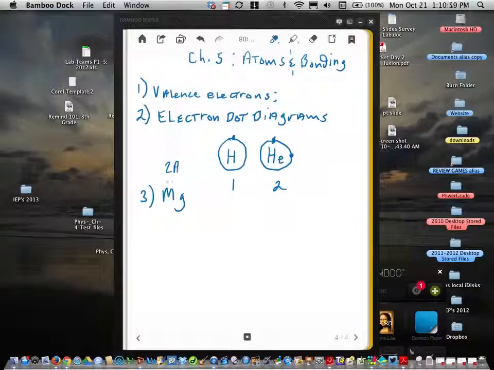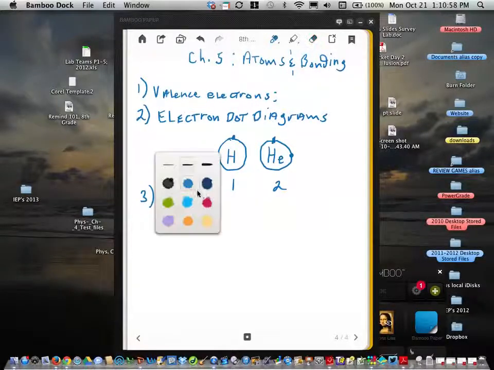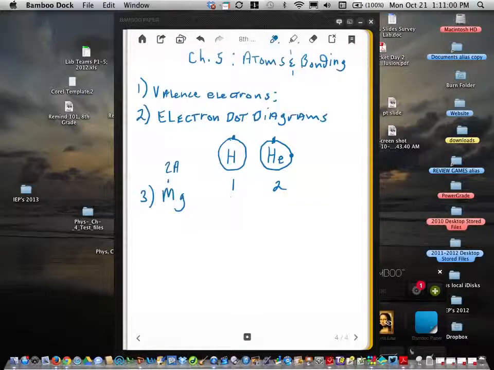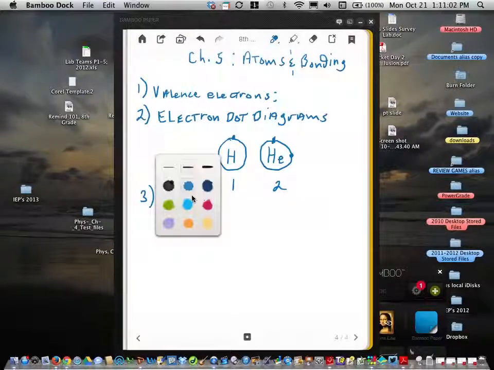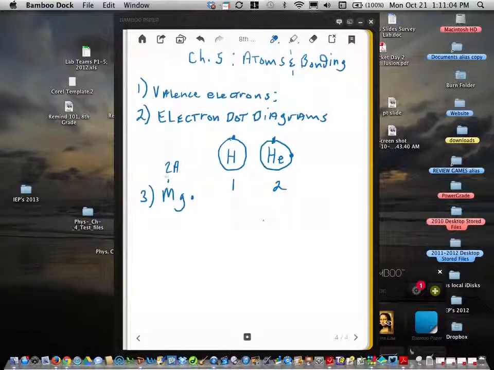So if it's in group 2A, the number of outer shell electrons is 2, and we would draw its electron dot formula, Mg with a 2 around it, like that. Now, does that mean it has 2 total electrons? No. It has 12. Its atomic number is 12, so it has 12 total, but only 2 in the outer shell.